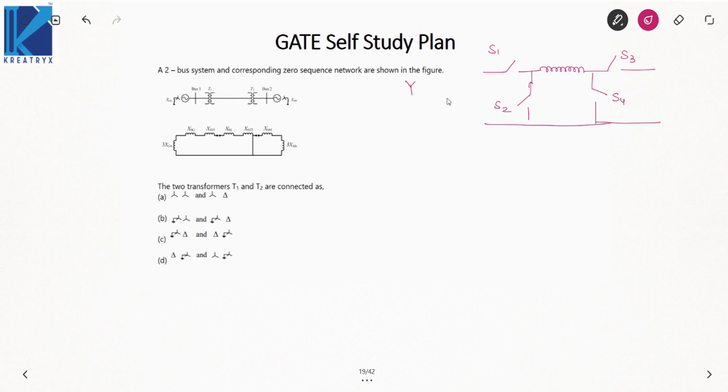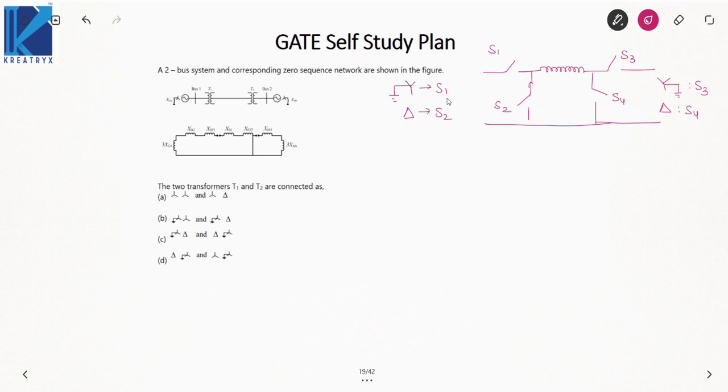If primary side is star grounded, you will close S1. If it is delta, you will close S2. Similarly, if secondary side is star grounded, you will close S3. If secondary side is delta, you will close S4. Based on this, we draw the equivalent circuit of a transformer.